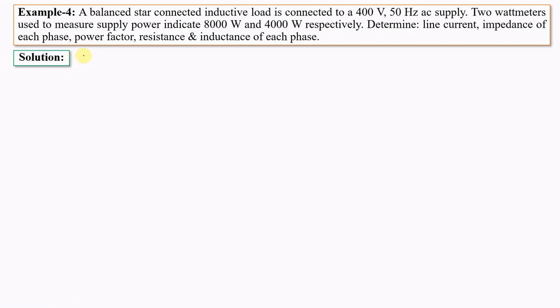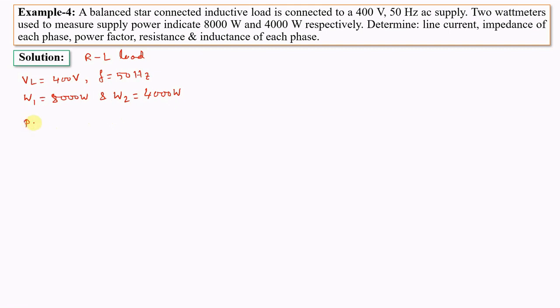First of all, the given data: the nature is RL type, so the load is resistive inductive. The line voltage is given as 400 volt. Frequency is 50 Hz. And the readings of the two wattmeters are 8000 watt and 4000 watt respectively.